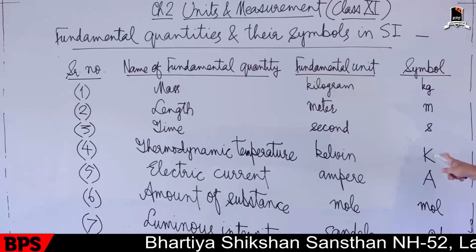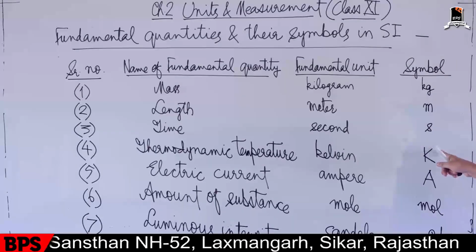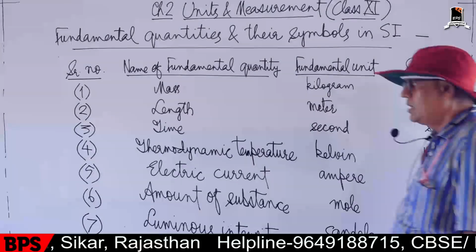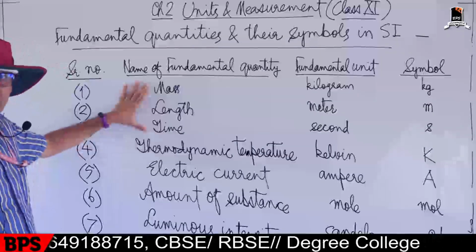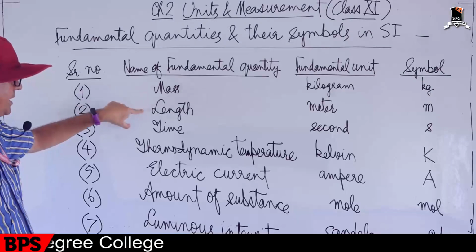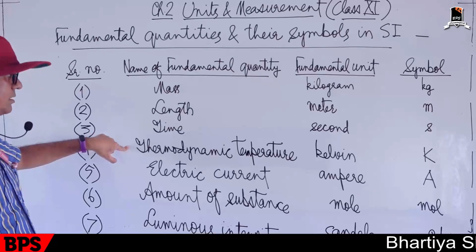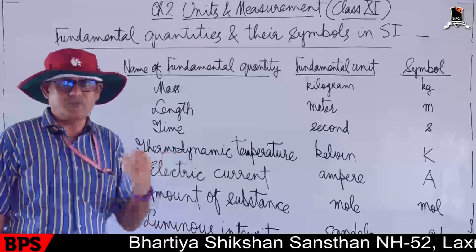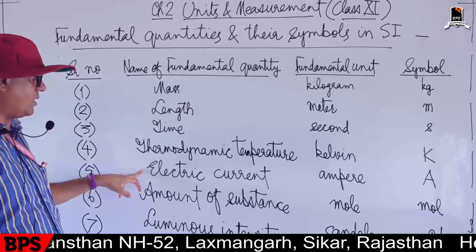Whenever quantity is of thermal type, then we will use this Kelvin unit also. So, in 11th class course, we will generally use mass, length and time, MLT, kilogram, meter and second generally, and we will also use this temperature quantity in some of the chapters, and we will not use this electrical quantity.